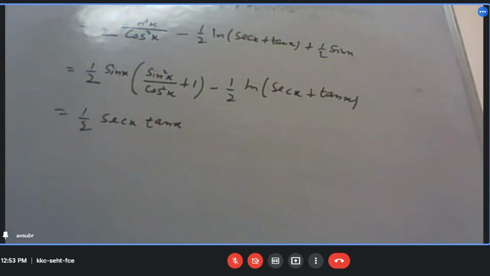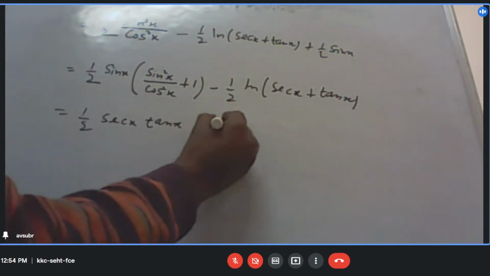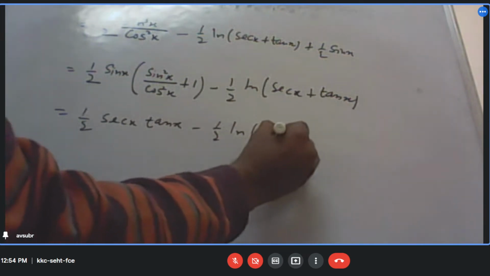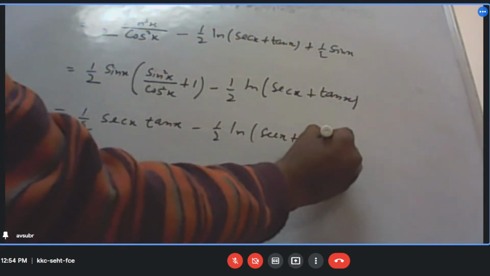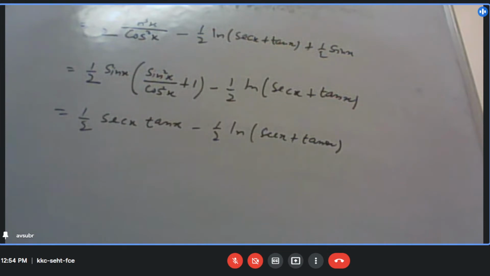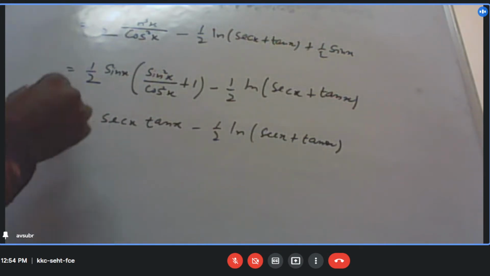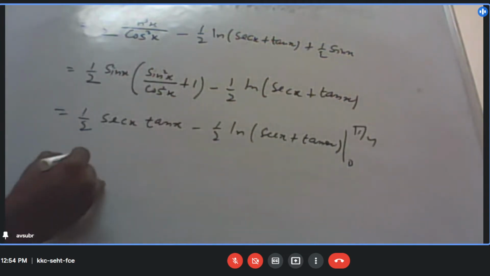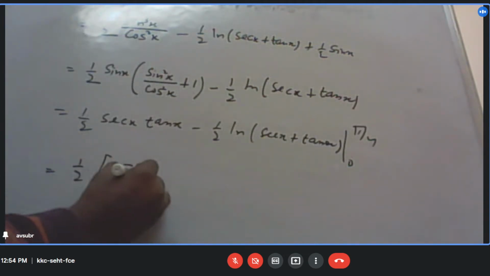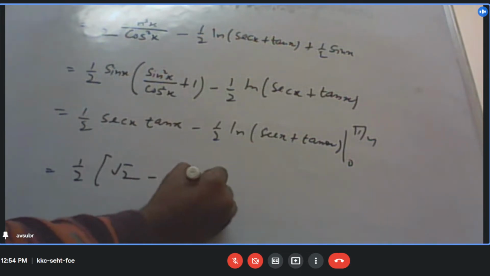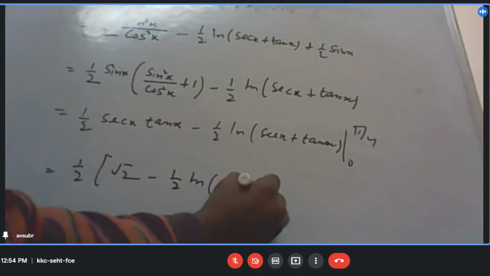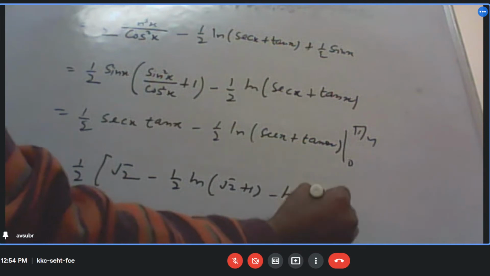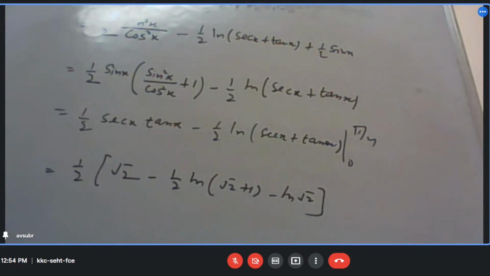So that can easily be written like this, minus 1 by 2 log sec x plus tan x. And if I put the limits to this, I will get 1 by 2 square root of 2 minus 1 by 2 log of square root of 2 plus 1 minus log 1. So this is the solution of that problem.